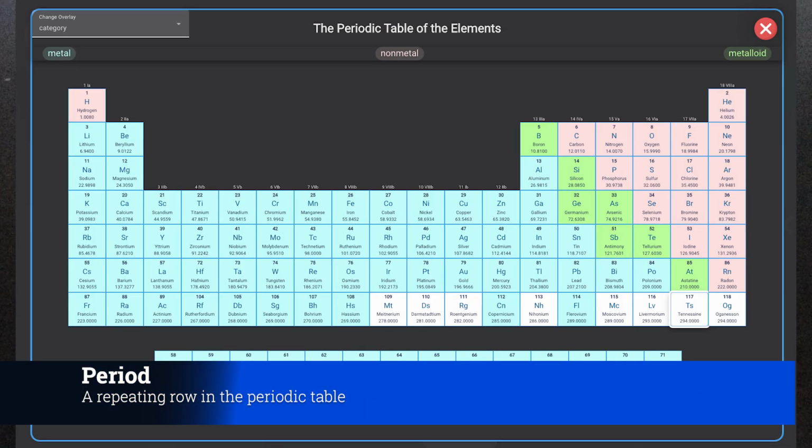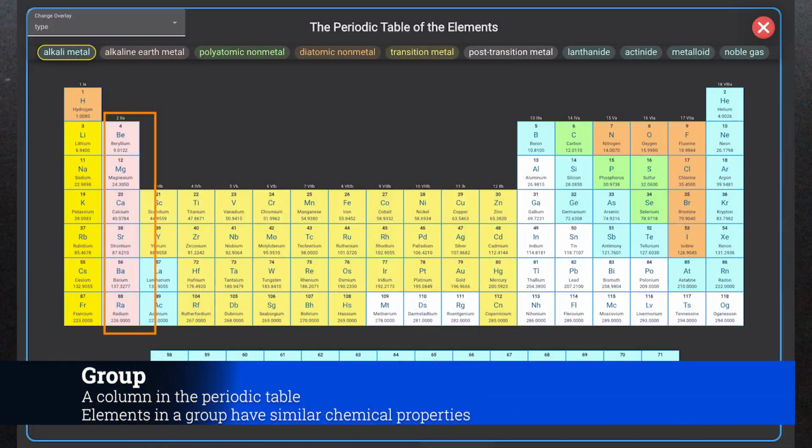It's still a very powerful and useful tool for organizing and understanding the elements. It consists of periods, or the horizontal rows, and groups, which are the vertical columns. Elements in a group have similar chemical properties, but elements in a period don't. They're just basically increasing in atomic number, 1, 2, 3, 4, 5, etc.